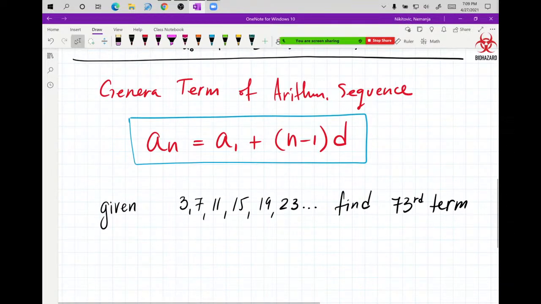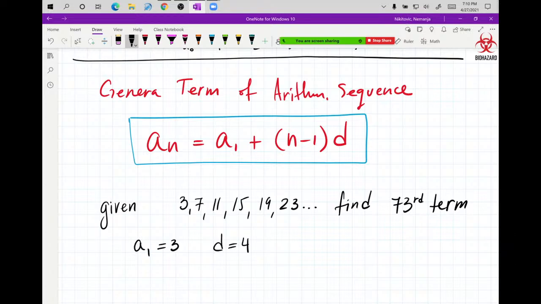This is a standard exam question. You look at your sequence and immediately know that a_1 is 3. You look at the difference between each of these terms and quickly come up with 4.